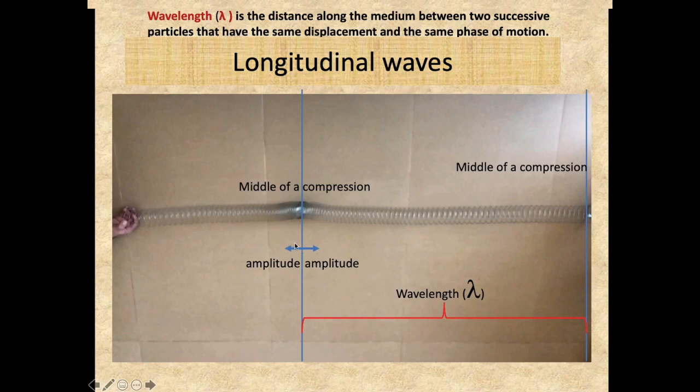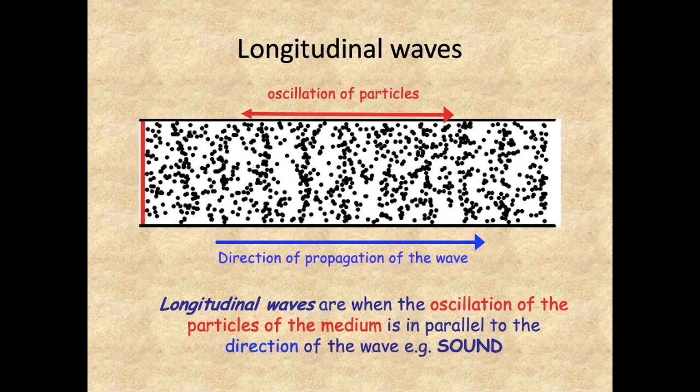And like I said before, each particle is doing that motion. So half of this would be one amplitude. And defining longitudinal waves: they are when the oscillation of the particles of the medium is in parallel to the direction of the wave. An example of longitudinal waves is sound.